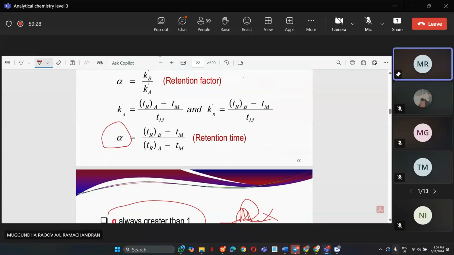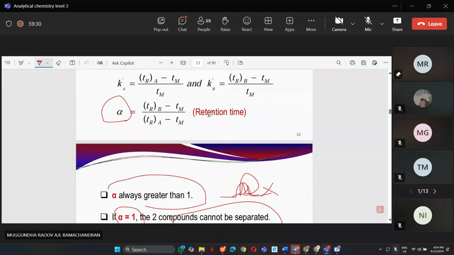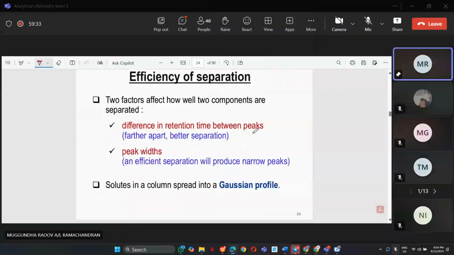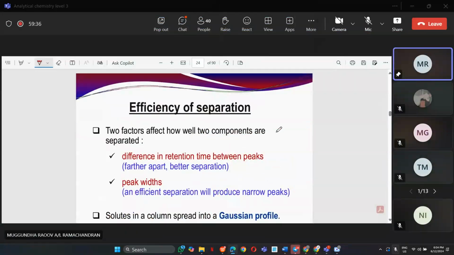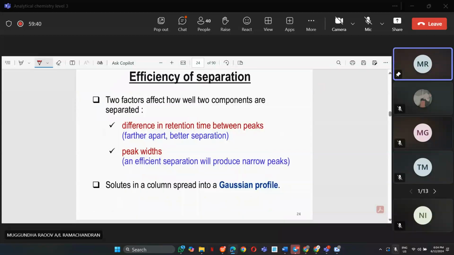Now let me move to the efficiency of separation. When we are talking about efficiency of separation, the two factors that affect the components are the difference in the retention time between the peaks, and the peak width.